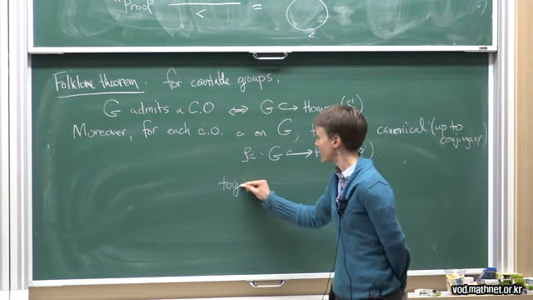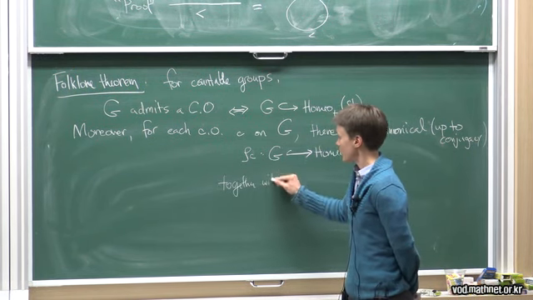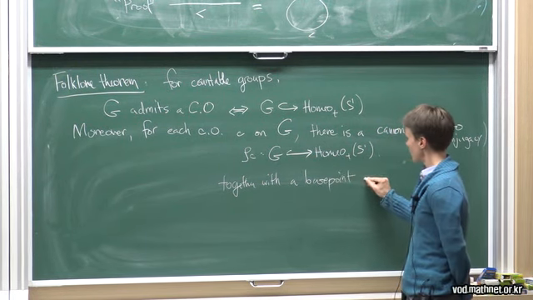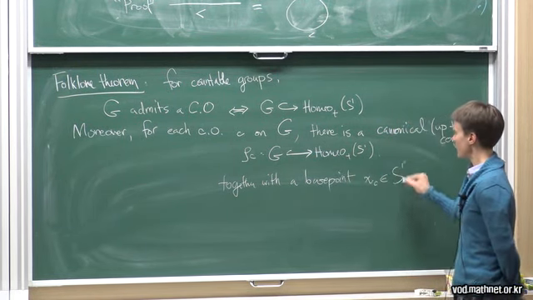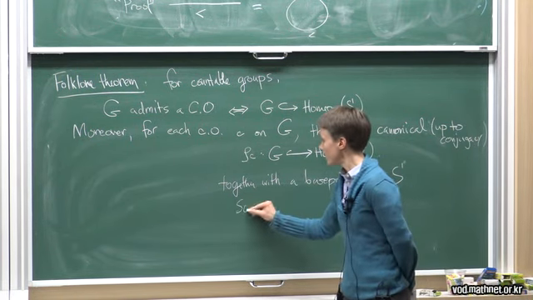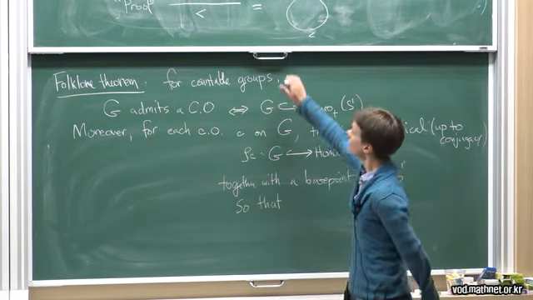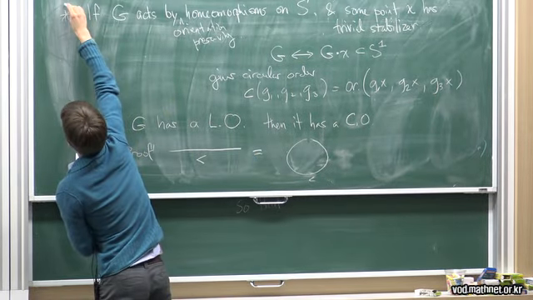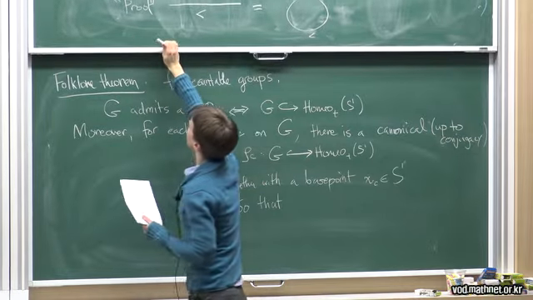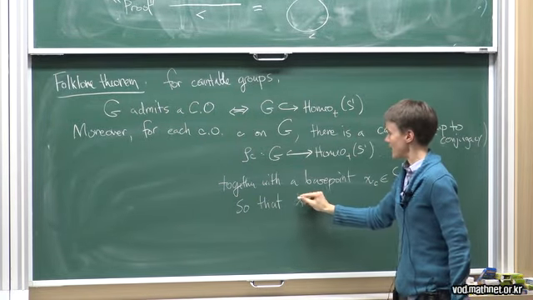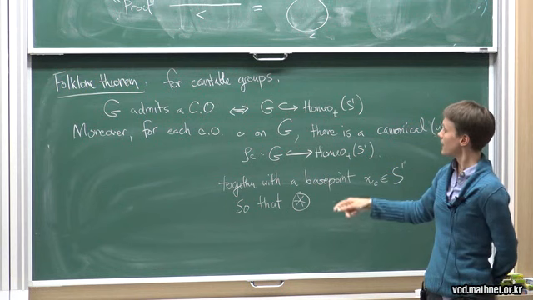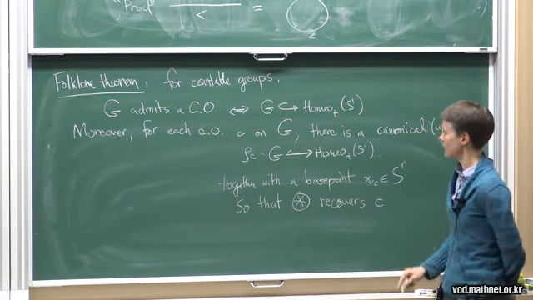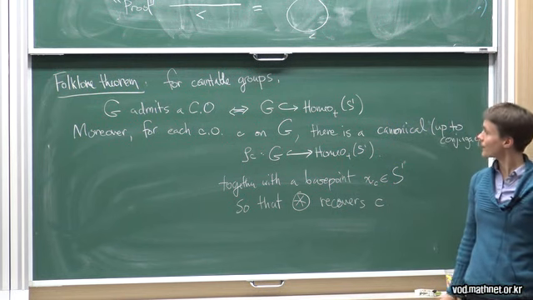So I'll say together with base point x_C in S1, so that if I apply this construction, let's call it star, doing this construction to your action recovers the circular order.